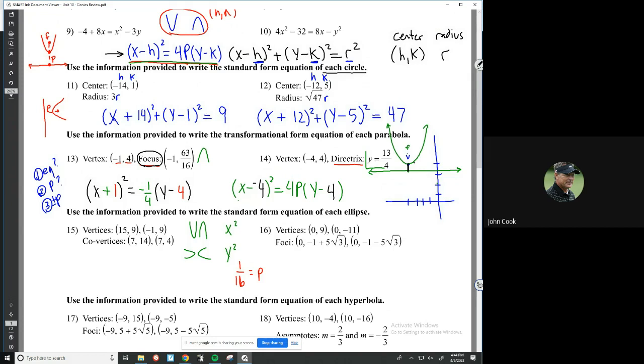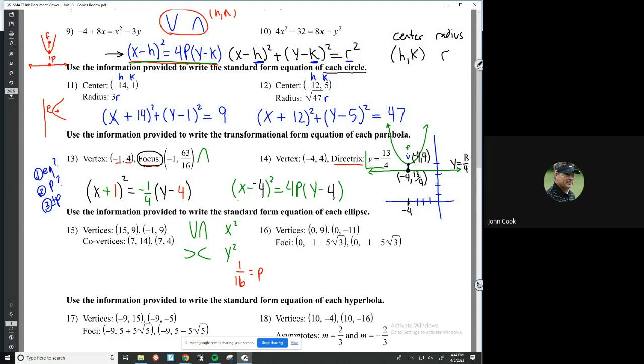So again, my vertex was located at -4, 4, and the directrix is behind it. And the line is y equals 13/4. So that means that no matter what x value I give it, the y value is always 13/4. So let's say that I go out here to -4 in the x direction. That means that this coordinate on the directrix is located at -4, 13/4.